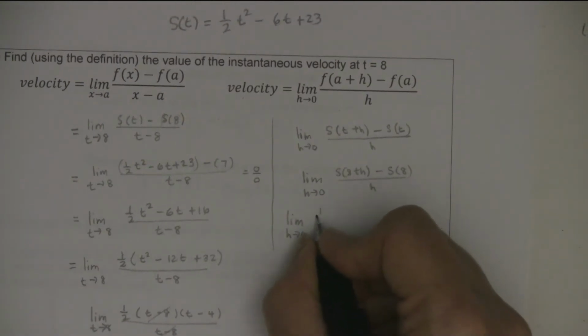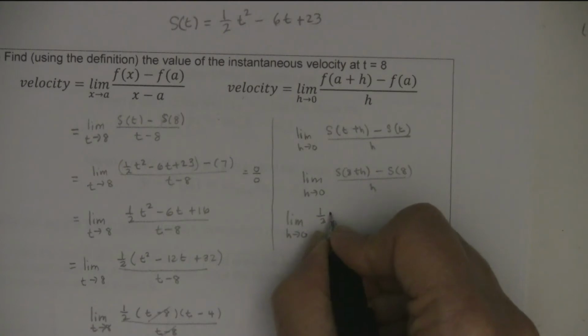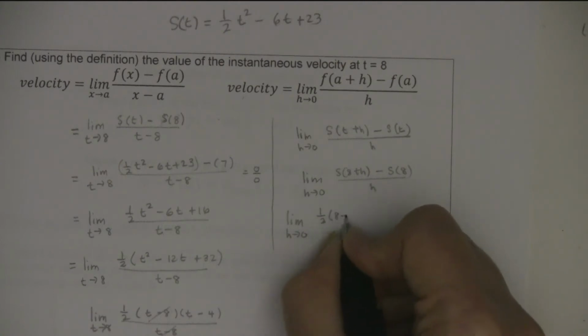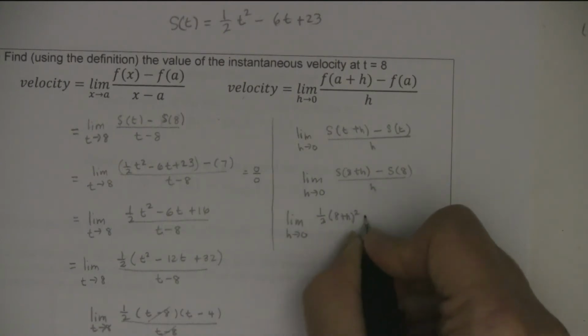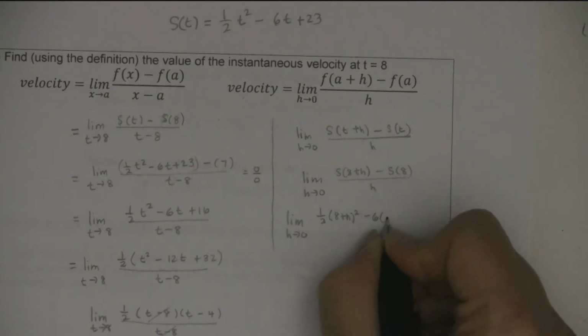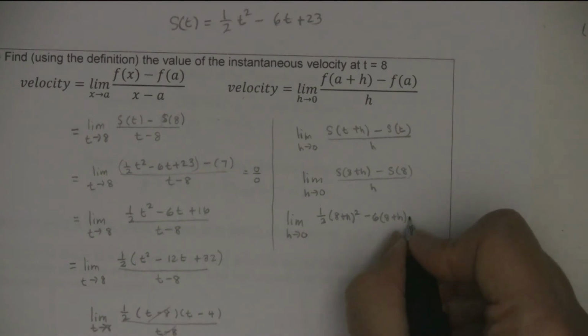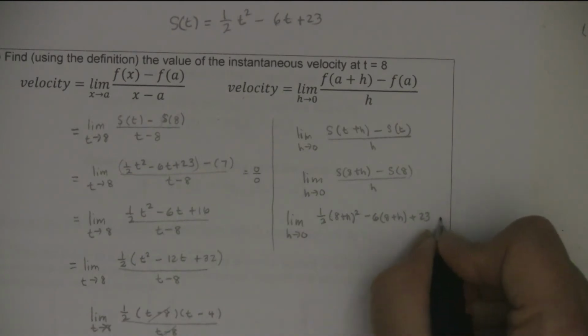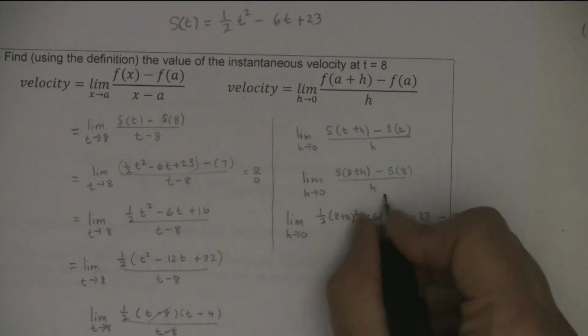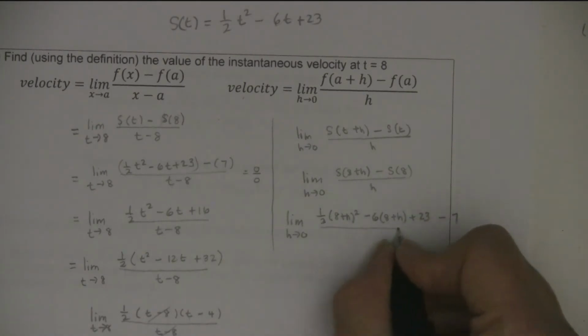So I'm going to have here half of 8 plus h squared minus 6 times 8 plus h, and of course you could have kept it t if you wanted, plus 23 minus 7, because remember s at 8 was 7, all over h.